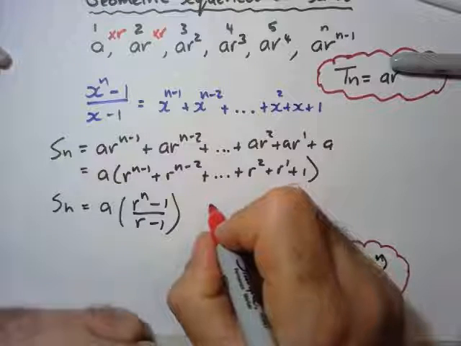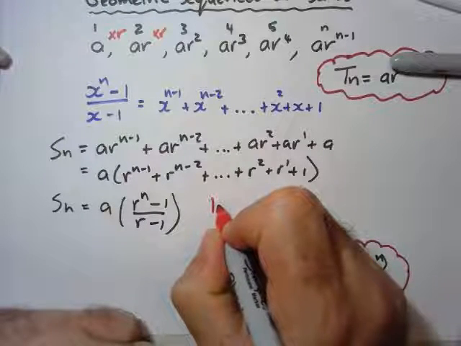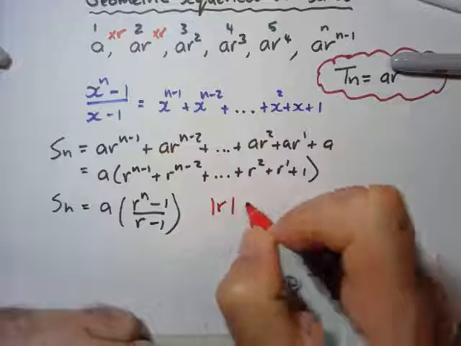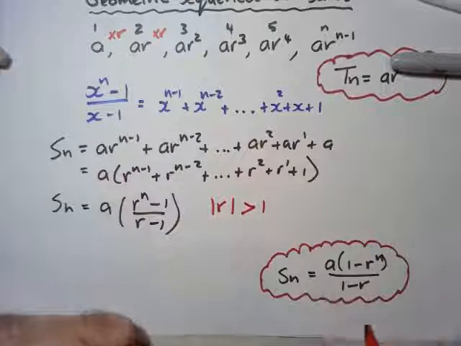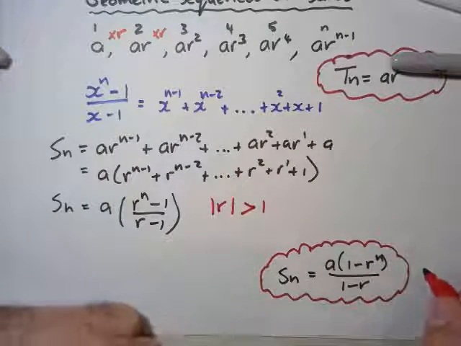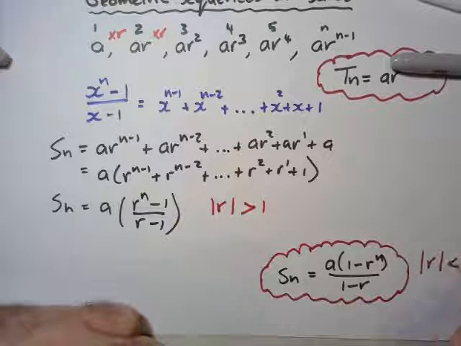when the absolute value of r is greater than 1, and this one we're going to use if the absolute value of r is less than 1.